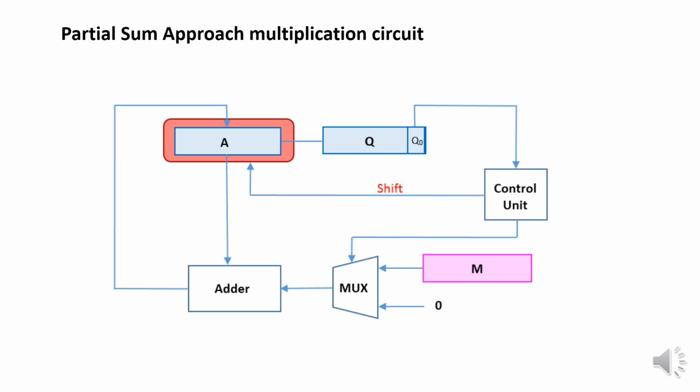The multiplexer, depending on the control unit, if it is 0 or 1, selects either 0 or the multiplicand. And then the adder adds the partial product into the accumulator. And finally, the final result is shown in the accumulator.